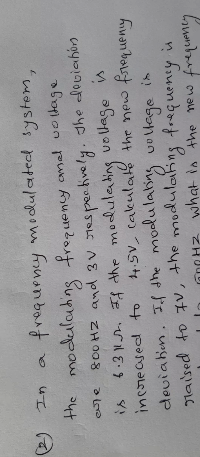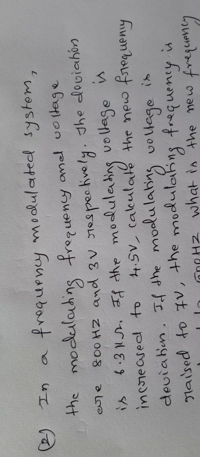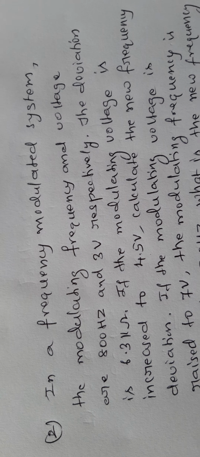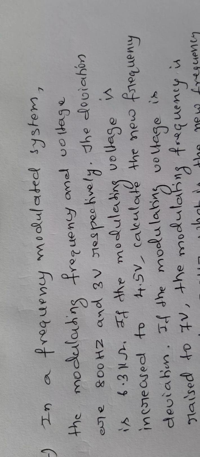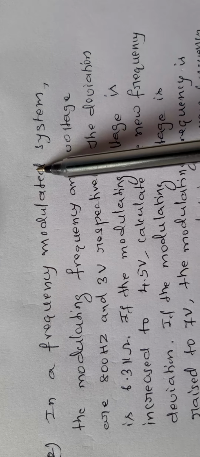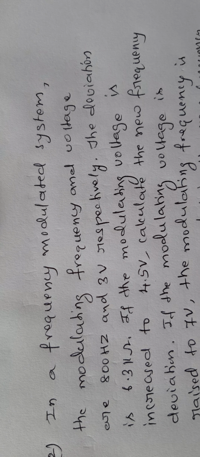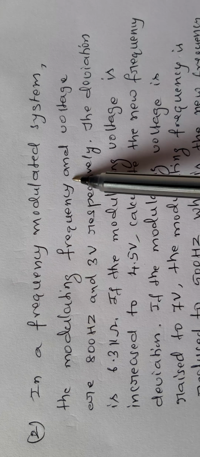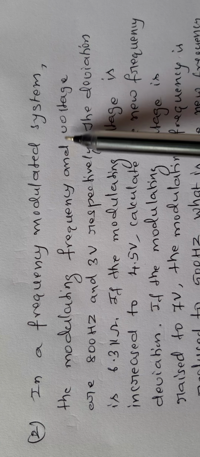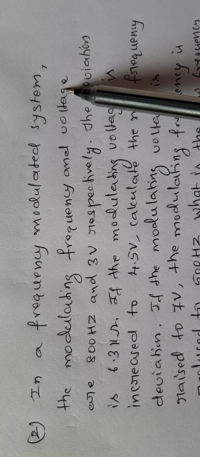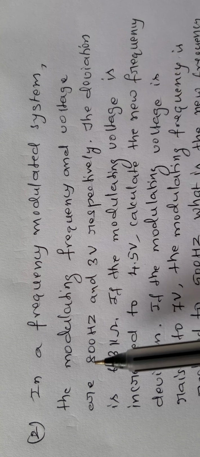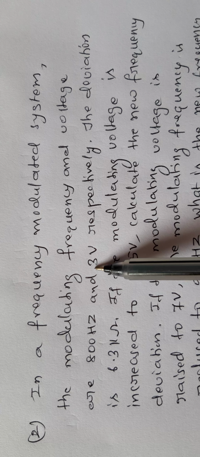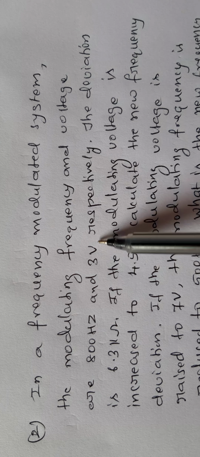Now let us consider the second problem. The second problem is given like this. In a frequency modulated system, the modulating frequency, that is fm, and the modulating voltage, that is Em, are respectively 800 Hz and 3 volts.